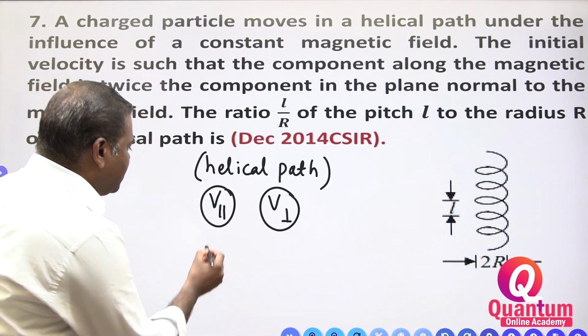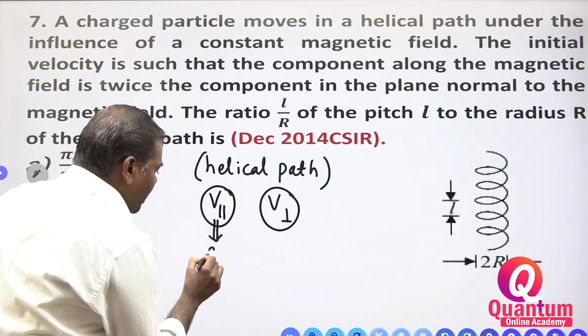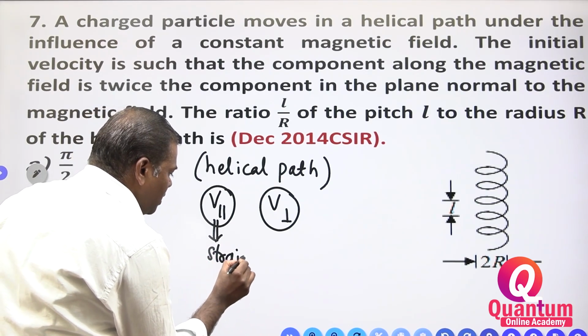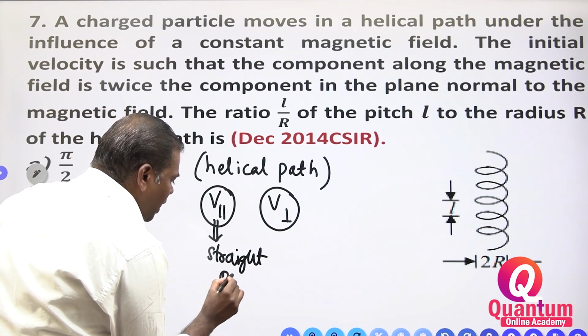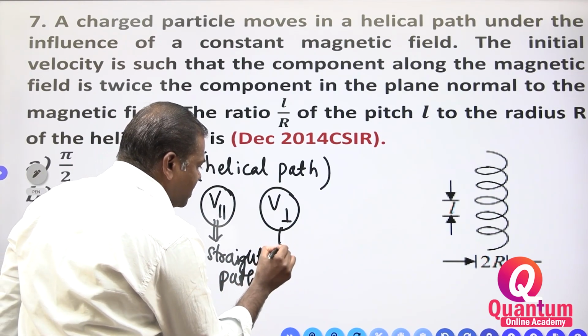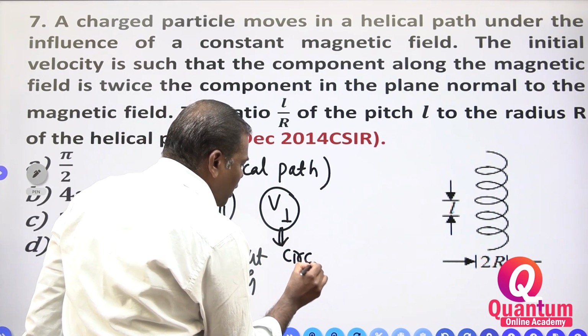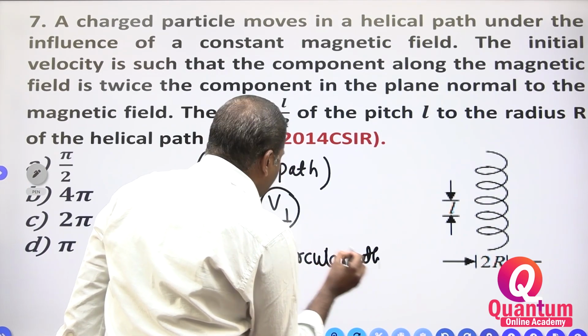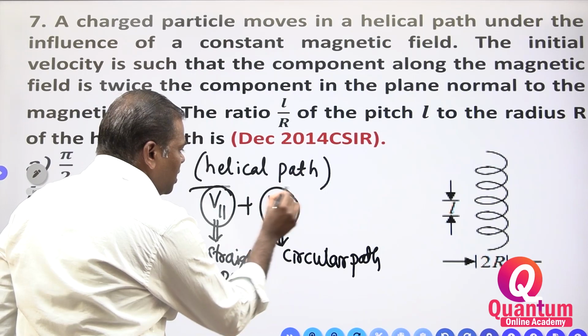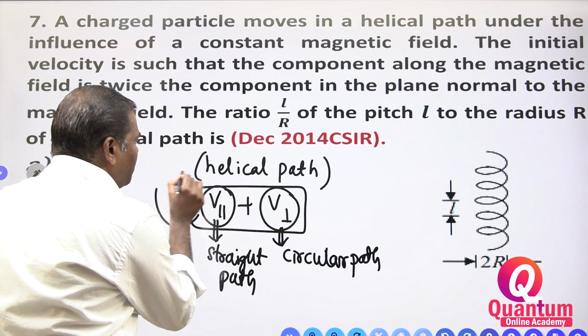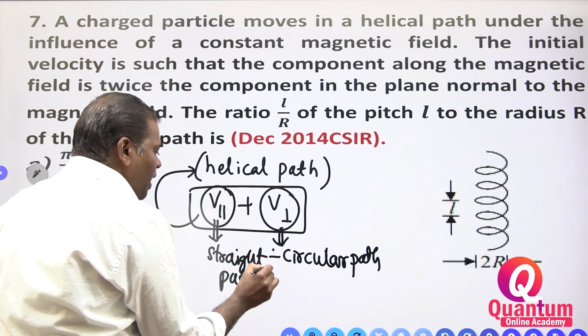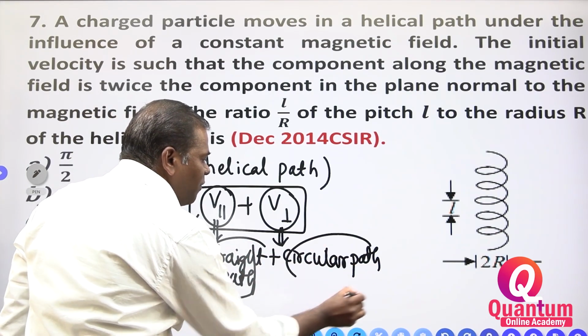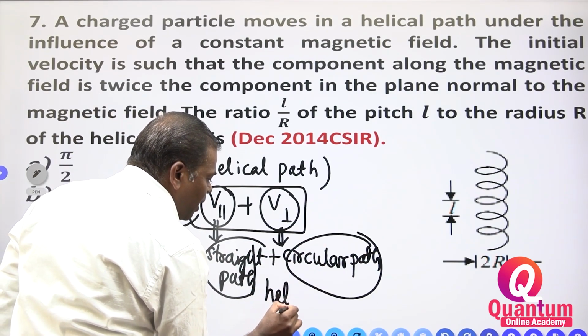A parallel velocity goes in a straight path. A perpendicular velocity goes in a circular path. If it is a combination of the two, the particle moves in a circular plus straight path. We call it a helical path.